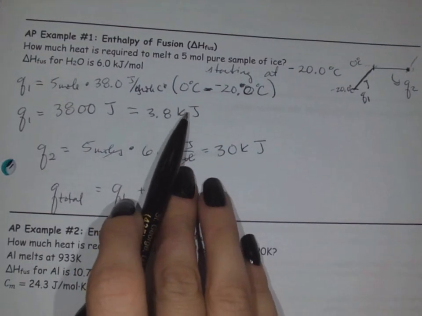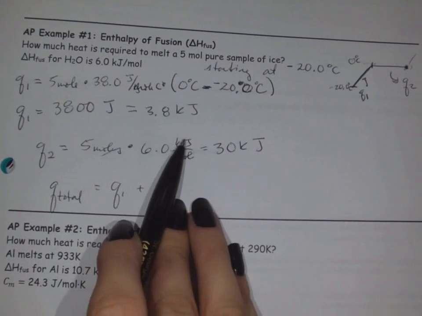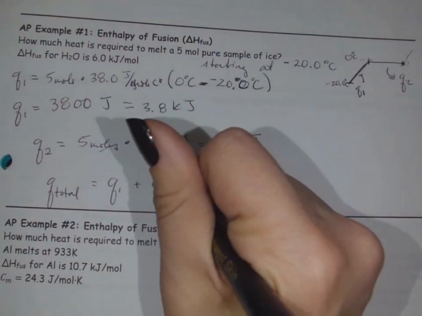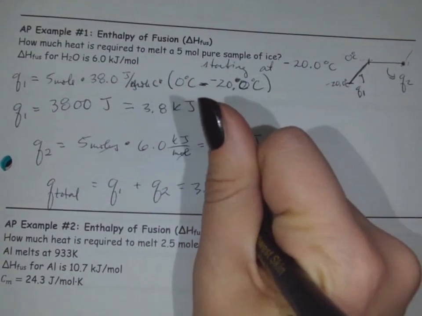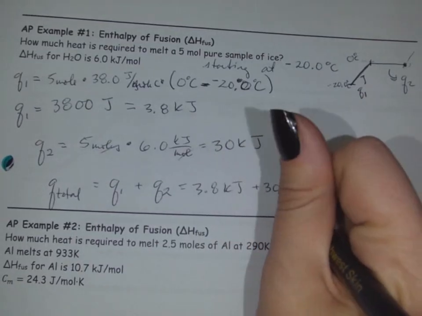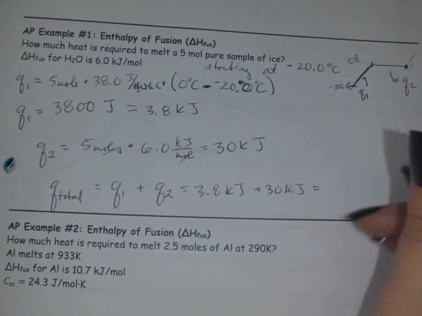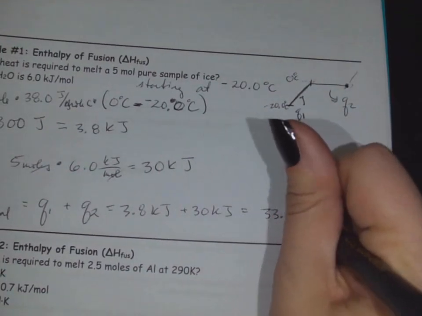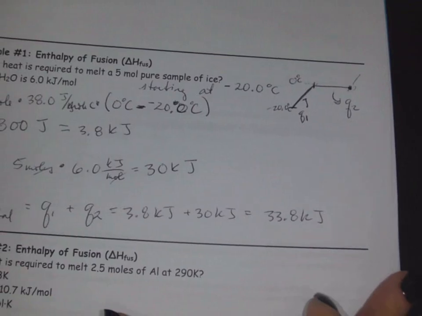That's why I converted it here, because I knew I was going to end with kilojoules there. And I need these to be in the same unit. So then I'll have 3.8 kilojoules plus 30 kilojoules. And so I'll have 33.8 kilojoules.